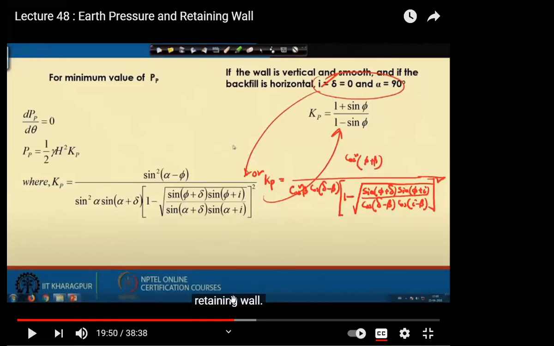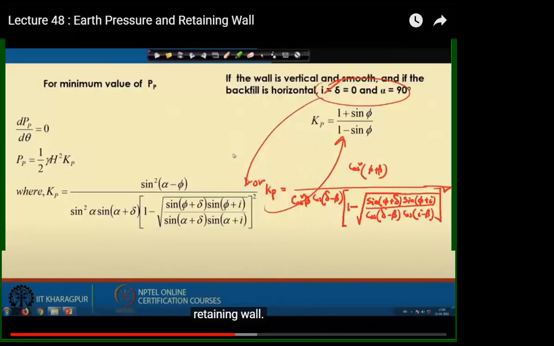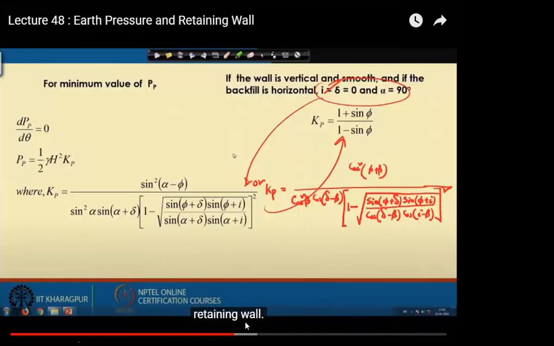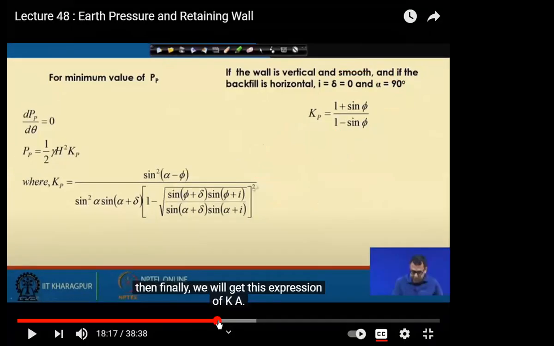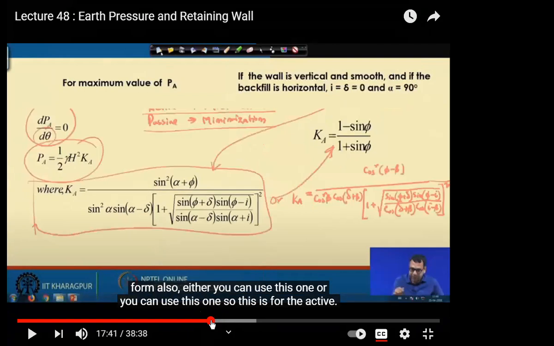Right. Students, have you noted down the expressions for Ka and Kp? Have you noted down the formulae? Have you noted down the derivation? See, once I'll show you the expression for Ka.